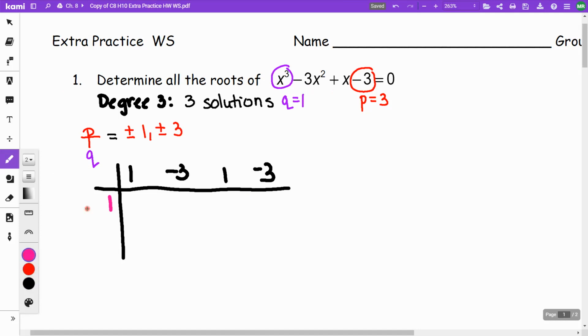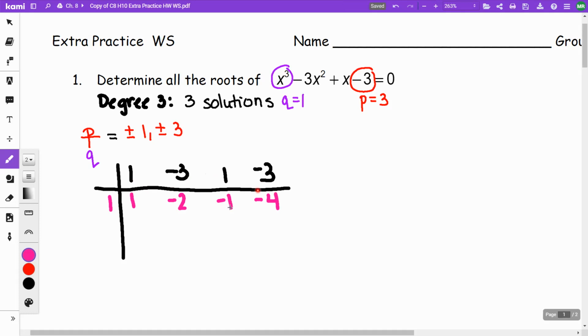I bring down my first number. 1 times 1 is 1. I add it to -3, I get a -2. -2 times 1 is -2. I add it to 1, I get a -1. -1 times 1 is -1. I add it to -3 and I get a -4.